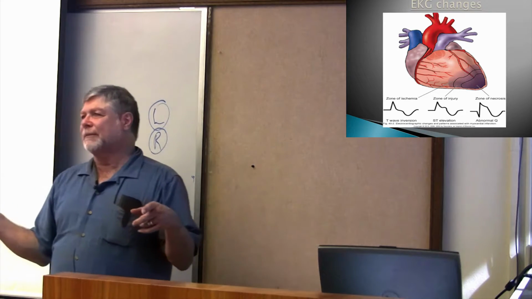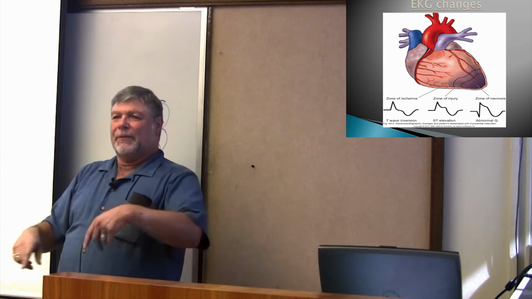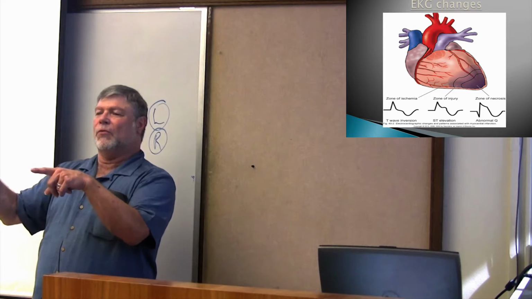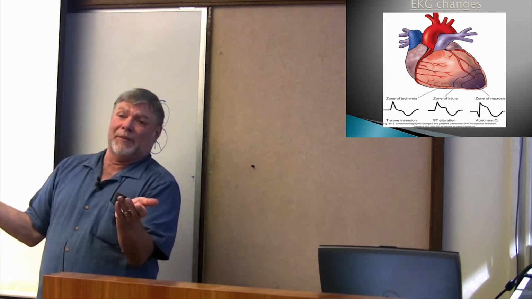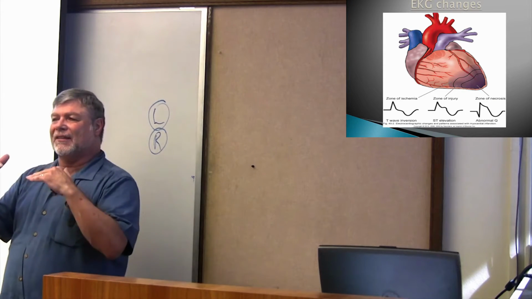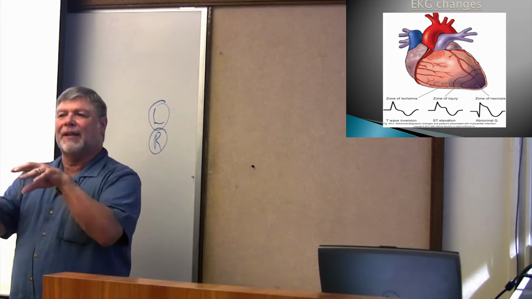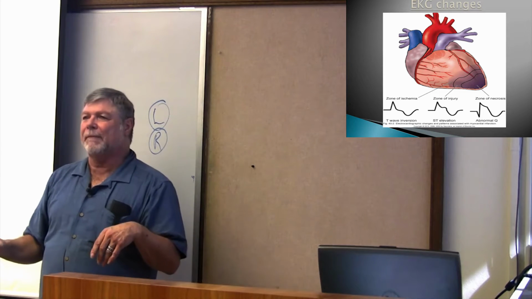But you've got the QRST, right? So at the end of the S wave and the beginning of the T wave, there's a segment in between. That's how it got its name. It's just the segment. And should that segment be at the same electrical level as before the heartbeat?